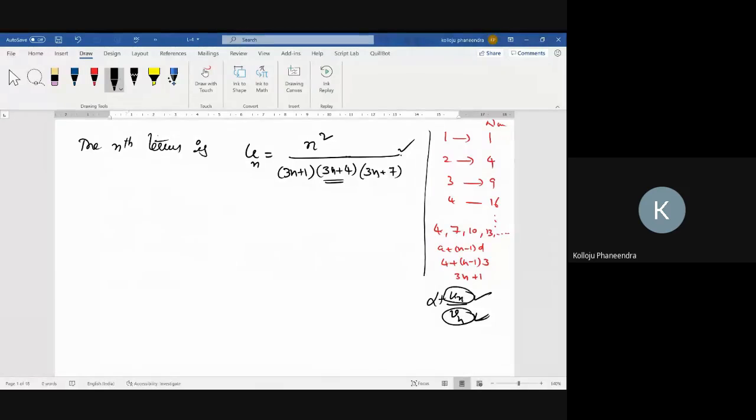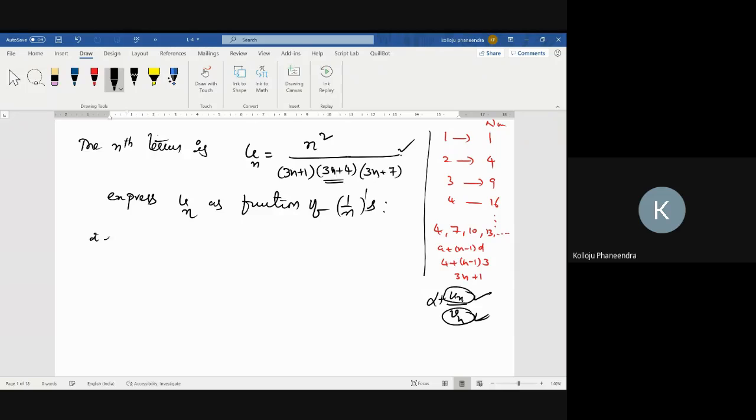Remember this statement also. The important statement is: express Un as a function of 1 by n by taking n common in the numerator and denominator.